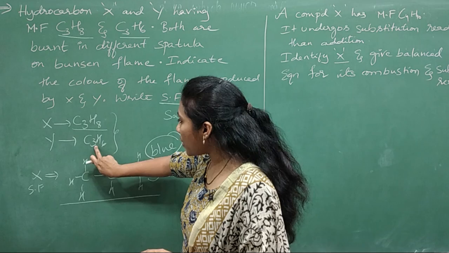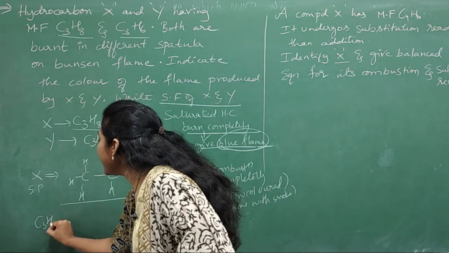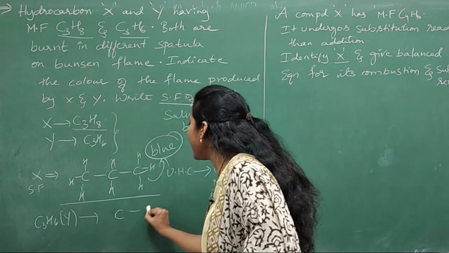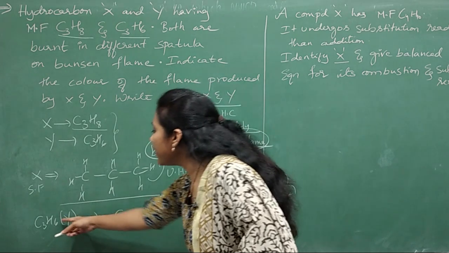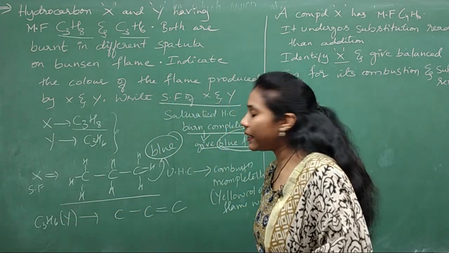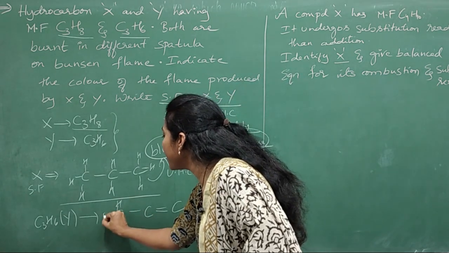Likewise, write the structural formula of C3H6. So C3H6, that is our Y compound. How do you write? 3 carbon atoms. Say 6 hydrogen atoms, in the sense, you will have one double bond between any 2 carbons. And now you can put 6 hydrogen atoms.